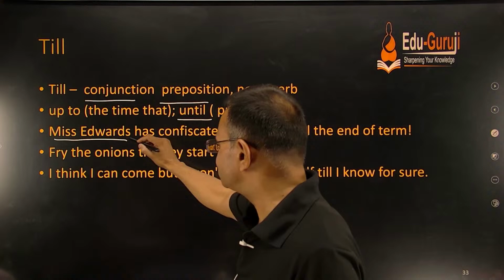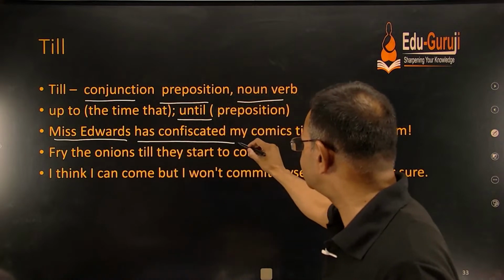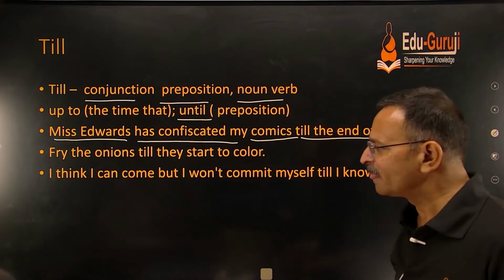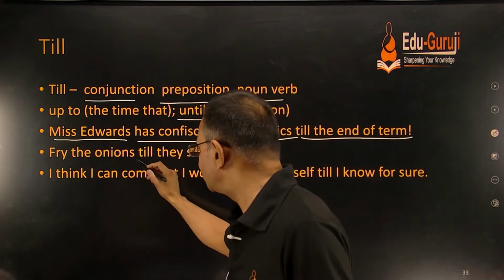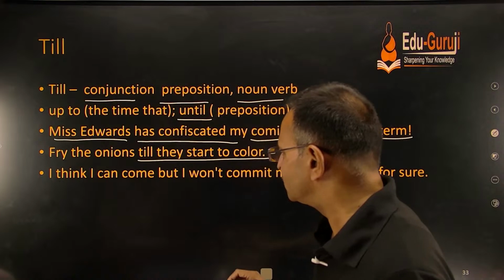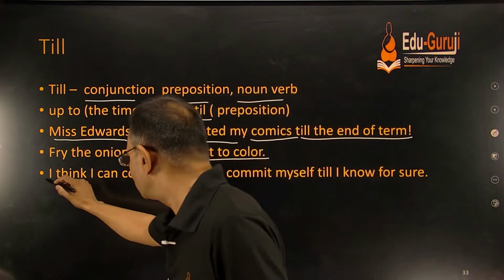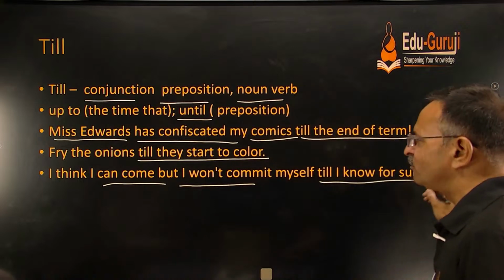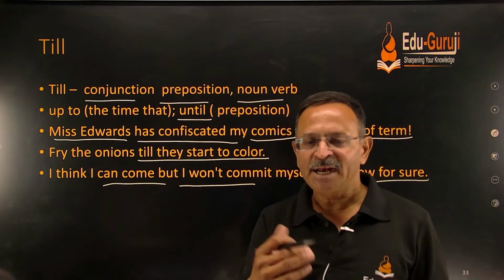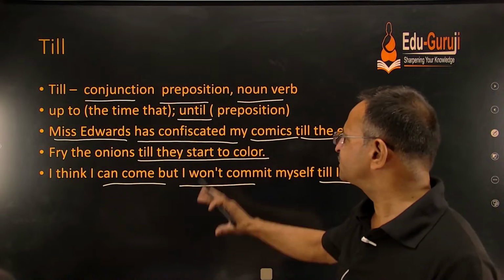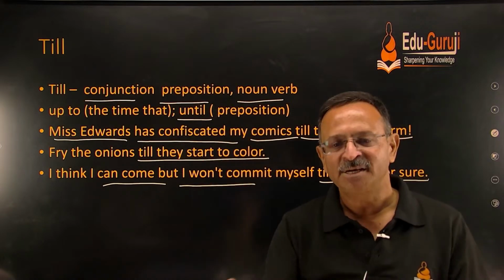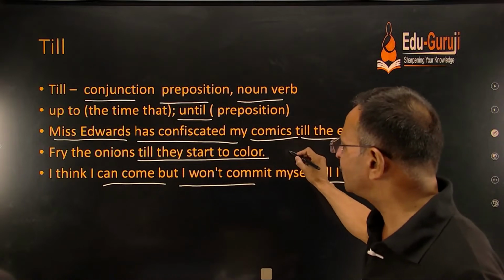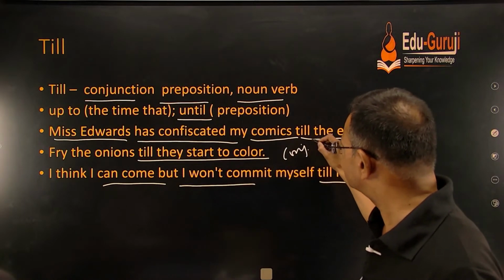The first example says, Miss Edwards has confiscated my comics till the end of term. Fry the onion till they start to color. Then, I think I can come, but I won't commit myself till I know for sure. Can anybody tell me which one we have used as a preposition and why, and why the others are conjunctions?